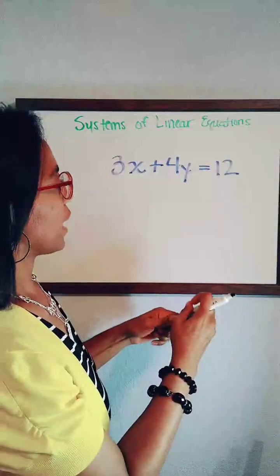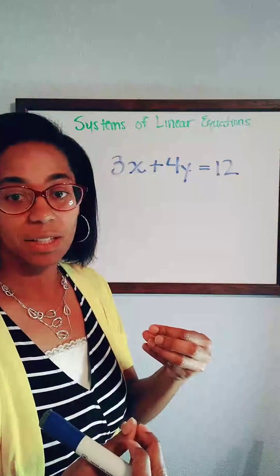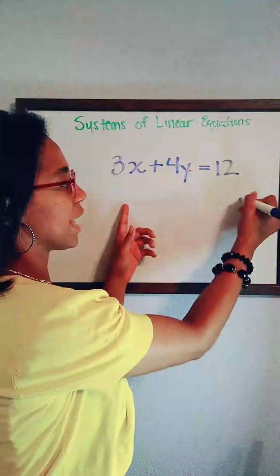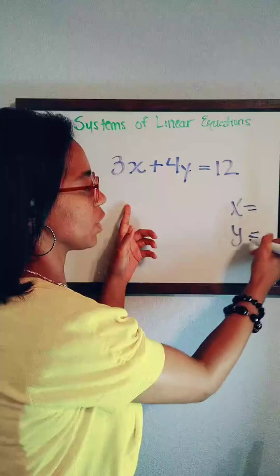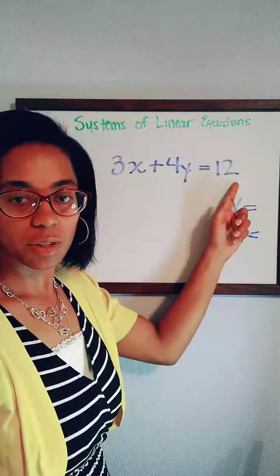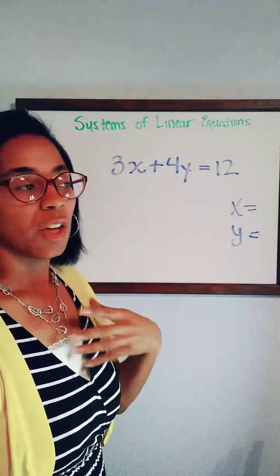There you go. Very good. So I can rearrange it because you're telling me the rearrangement, but is it going to give me what x is equal to and what y is equal to to make this equation equal to 12? That's what I'm looking for.